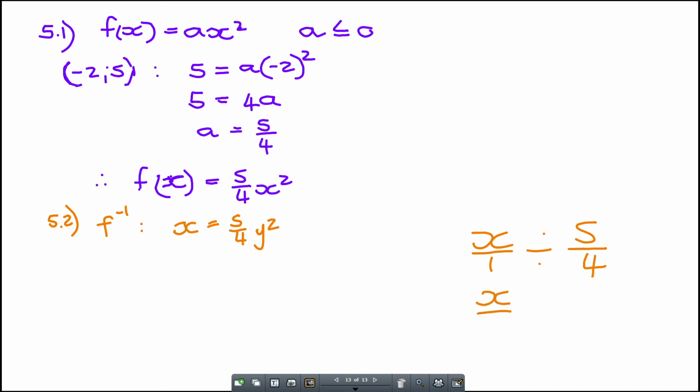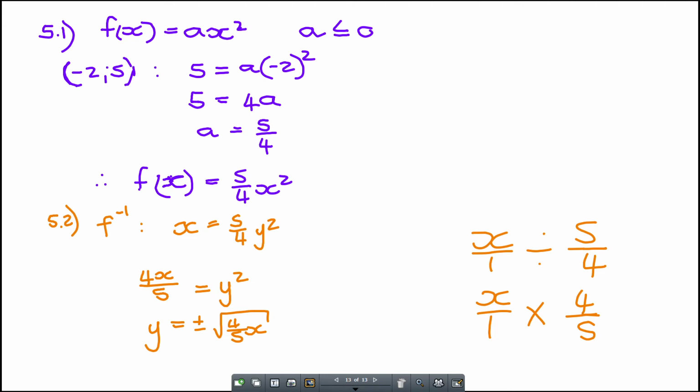So that is going to switch around 4 over 5 when I change the division to a multiplication, né? So dan gaan ek hê 4x op 5 is gelyk aan y kwadraat. As jy gepraat het van 4 op 5x, same thing, nee? Which means that y will be square root of 4 over 5x. Any questions? Goed, kan ek maar skip.